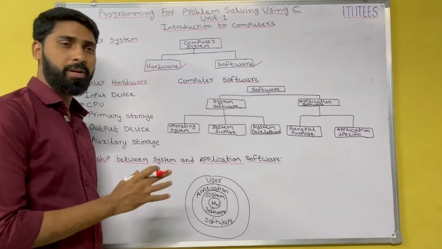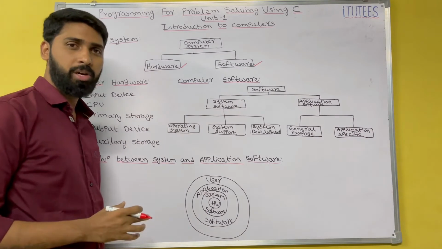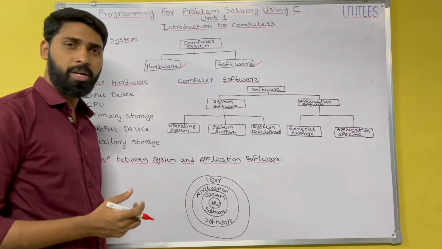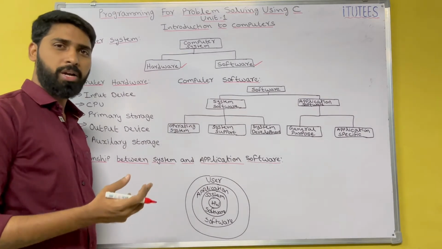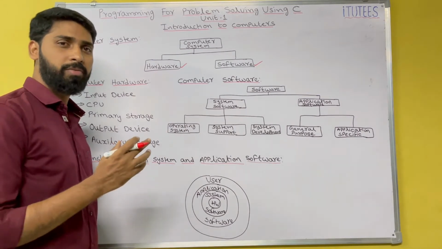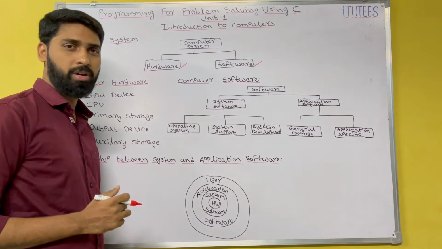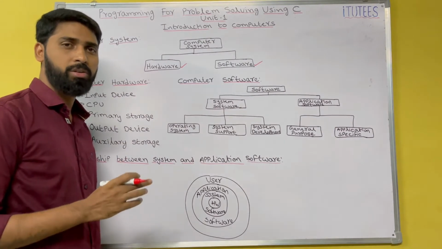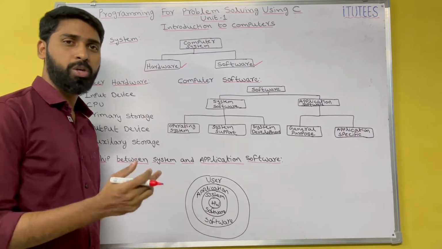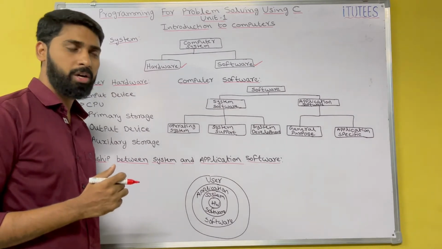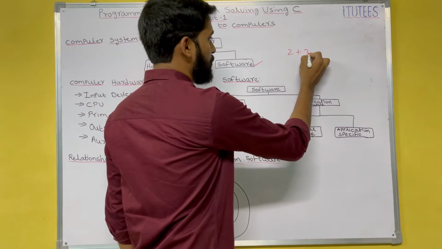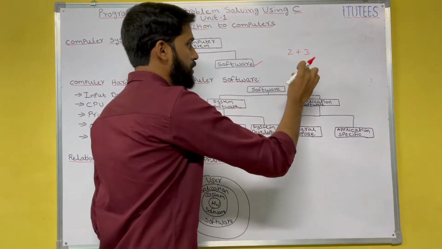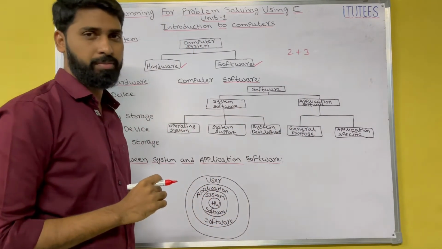Primarily you can understand this terminology when you are trying to write programs. So coming to hardware: hardware is nothing but the physically existing components. Take a human as an example. Somebody asks, what is the addition of 2 plus 3?